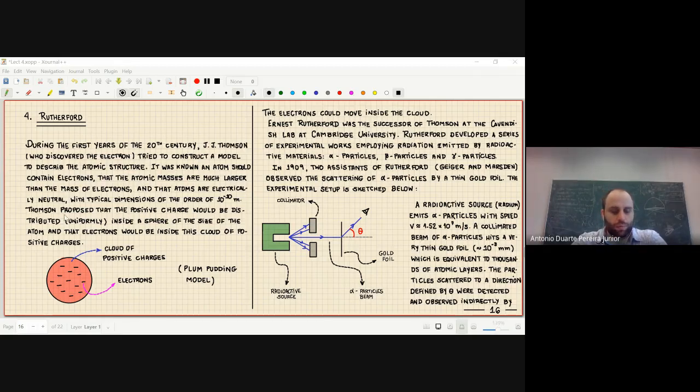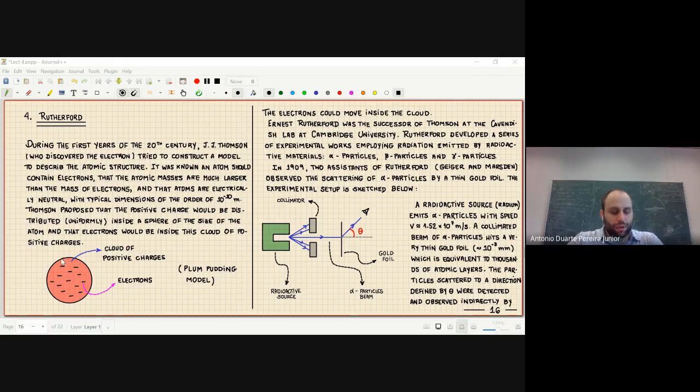So Thomson proposed that an atom was composed of electrons, represented here by these negative charges in the drawing, and by a cloud of positively charged particles. This cloud was free to move in a region the size of an atom.